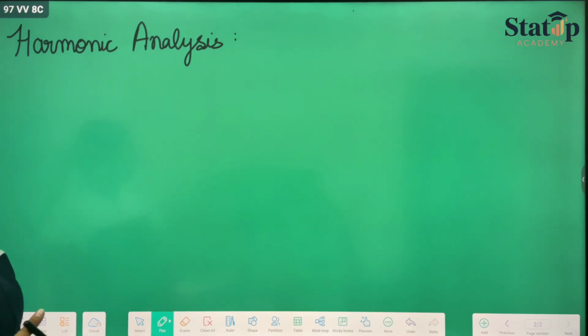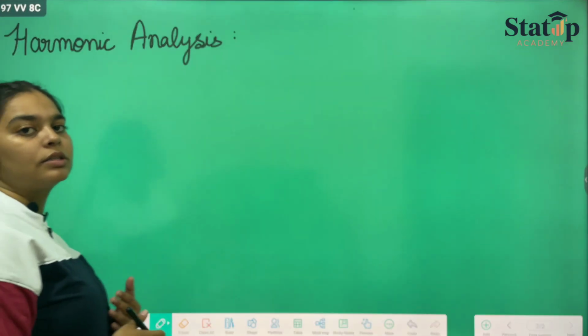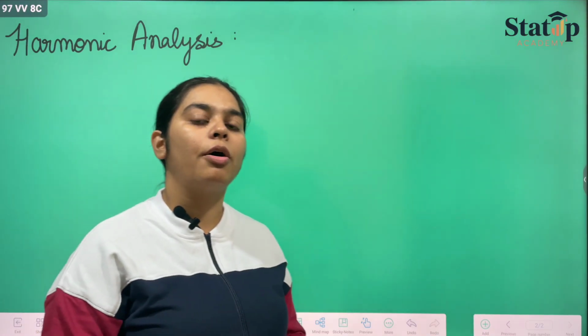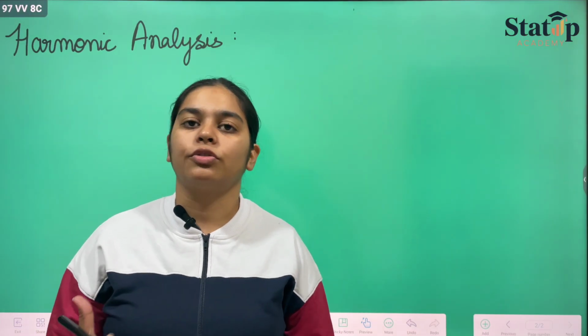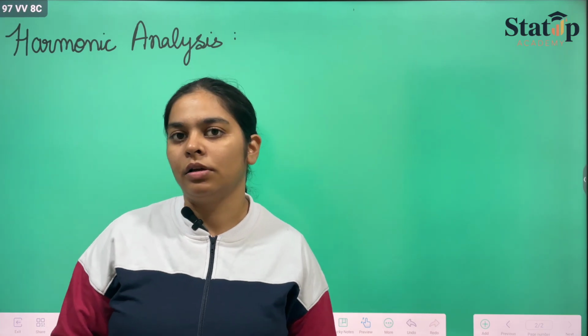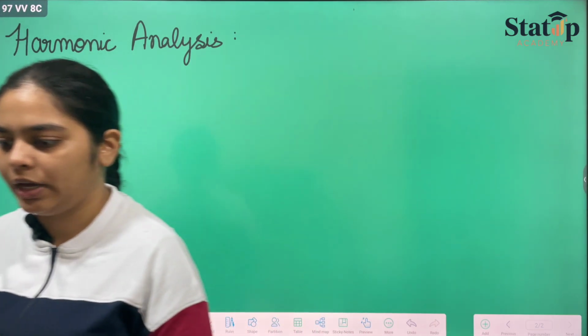Till now it has been easier, but here we have to mug up some things and understand some things. So the concept of your sine, cos, and trigonometric ratios should be good for this harmonic analysis. Harmonic analysis is also useful for periodogram analysis. So let us begin with harmonic analysis.